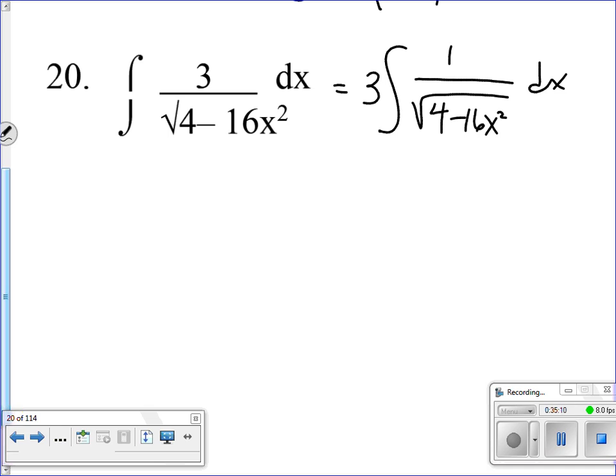So when you're going for inverse trig, let's first make sure that the constant in the denominator is a 1. Well, it's not a 1, so you're going to have to factor out whatever it is. So we are going to factor the square root of 4 out of the square root of 4 minus 16x squared.